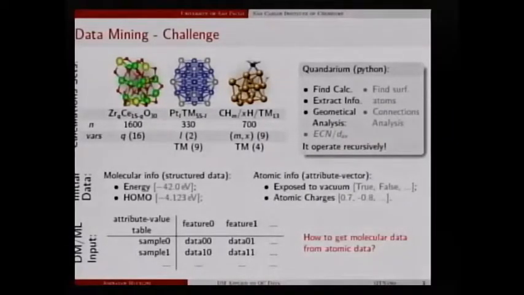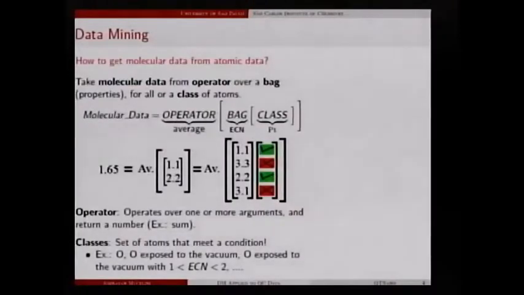So the question is how to get molecular data from this atomic data. And what we did was basically the following. We have information. Here I call it a bag because it's a bag of values. For example, a bag with the effective coordination number of the atoms. For instance, a vector here for the first atom, for the second, for the third, the fourth.